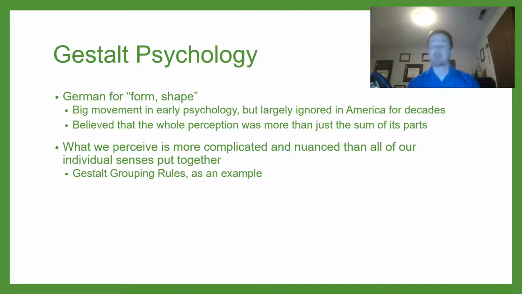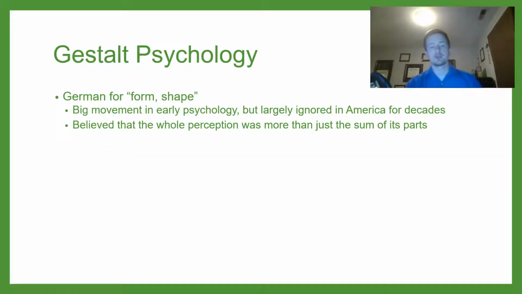And perception is very, very similar: our perception is more than just these individual components. To think about that in terms of perception, what your eye is detecting, what it is sensing, is just white and black spots.